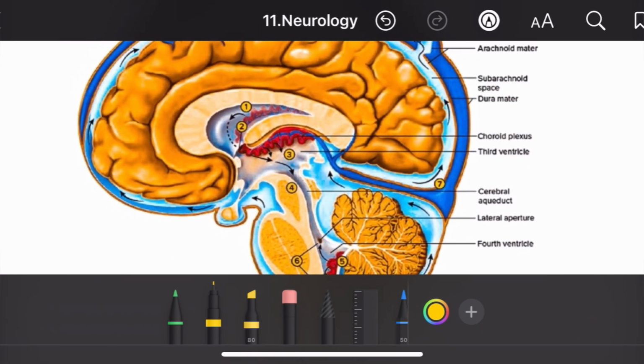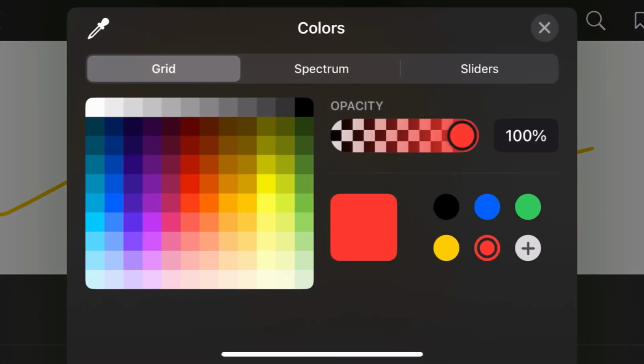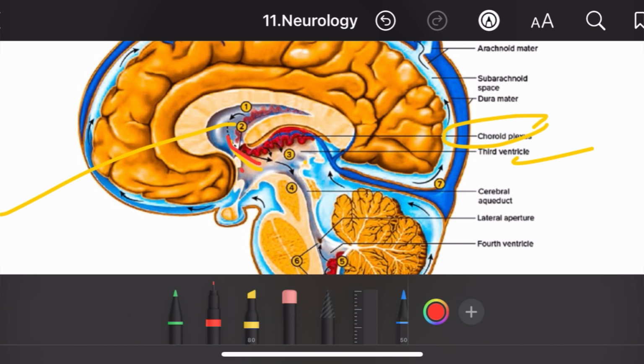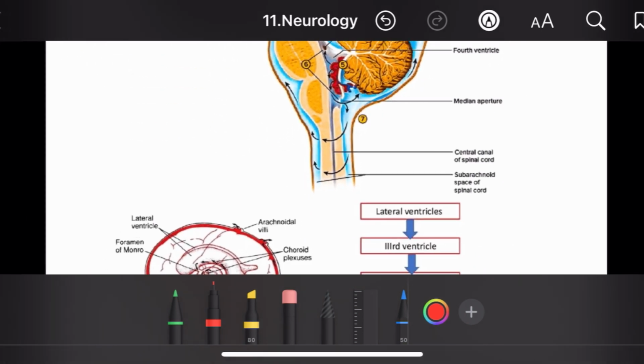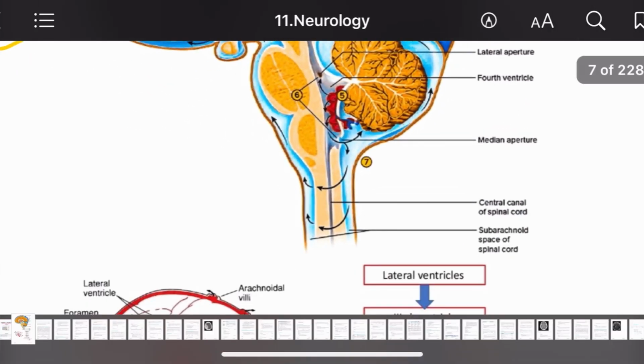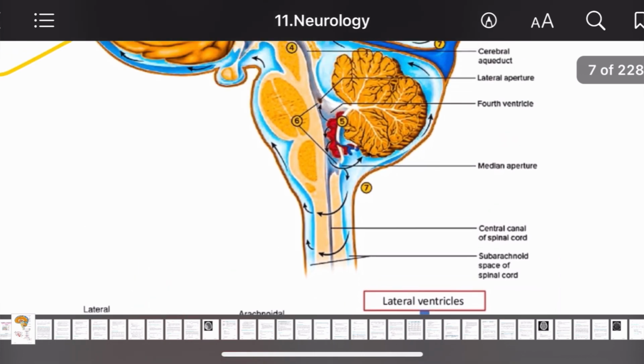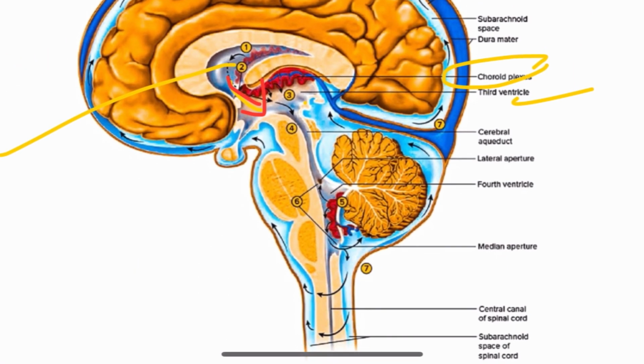Suppose this is the lateral ventricle, and we have the choroid plexus here, and the third ventricle here. The CSF is transported or circulated through the aperture like this. This is the area we call the foramen of Monro, where it is circulated to the third ventricle.